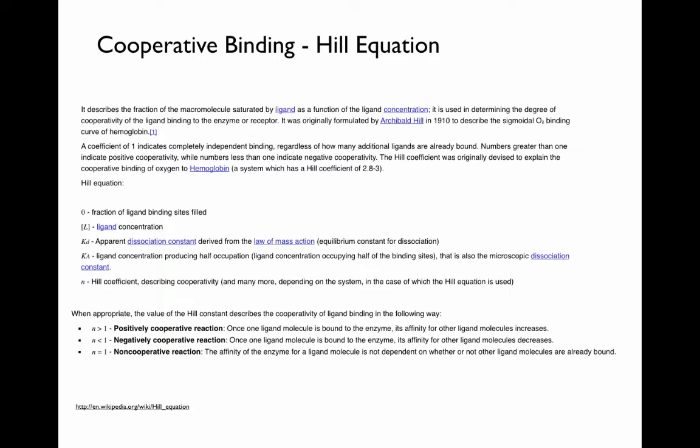So positive cooperativity is that after one ligand bound, the second and third and fourth or fifth, depending on how many sites there are, easier and easier to bind. Hemoglobin is a good example of this. It has a Hill coefficient of 2.8 to 3. Negative cooperativity means that once one is bound, it is very difficult to get a second ligand to bind.